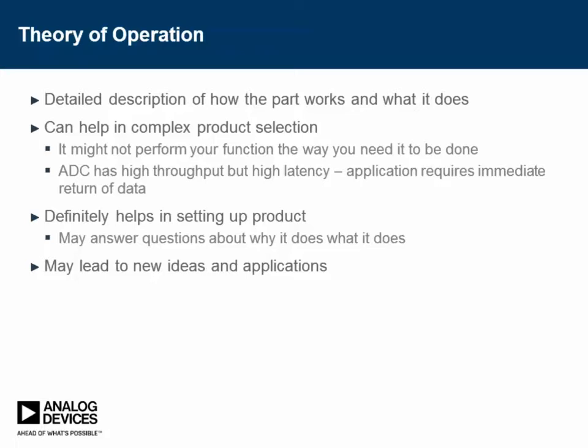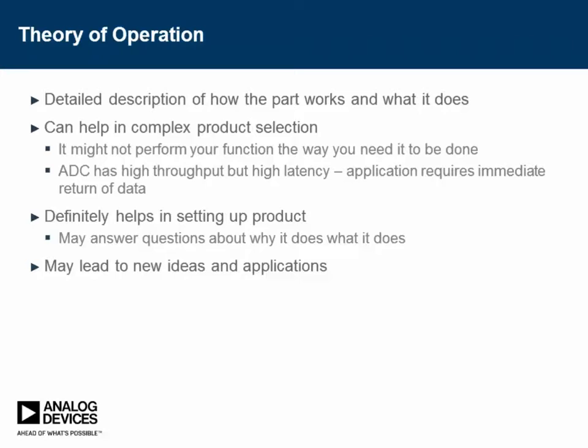It may be necessary in selecting a complex product or for a complex system, and you go into that and you say, nah, that's not quite the way I need to have it work, such as an A to D converter that has a very high sampling rate, but the nature of the design is that from the input to the output takes several microseconds, even though it has a very high speed.